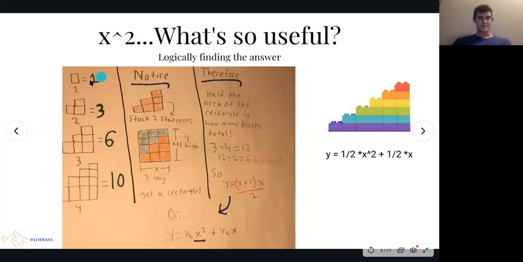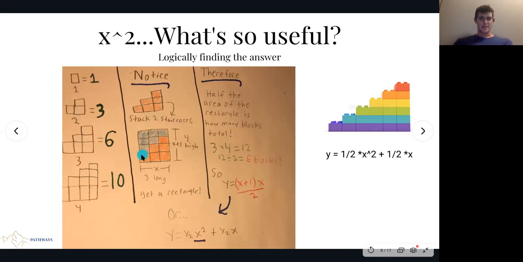All right, so how do you logically find the answer to a problem like this that utilizes x squared in the answer? So if you plot the basic pattern of the staircase, at 1 high, you only need 1 block, 2 high, you need 3 blocks, 3 high, you need 6 blocks, 4 high, you need 10 blocks.